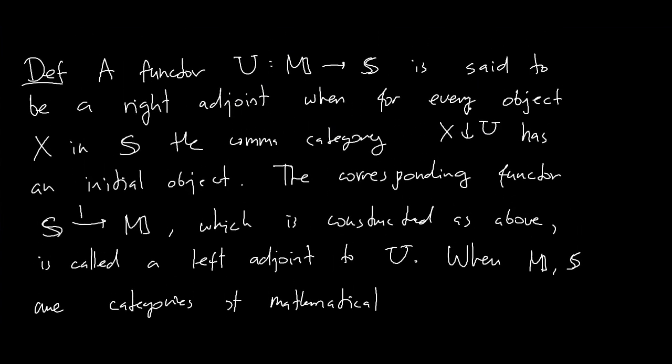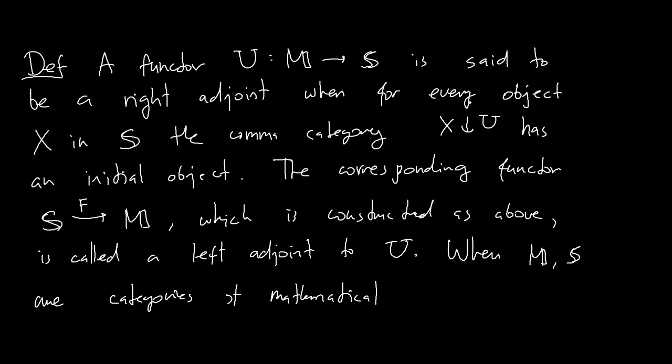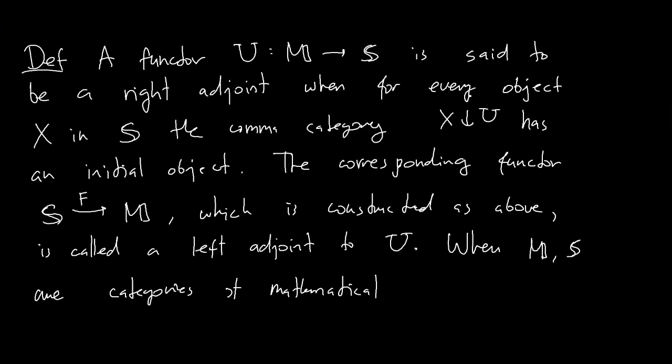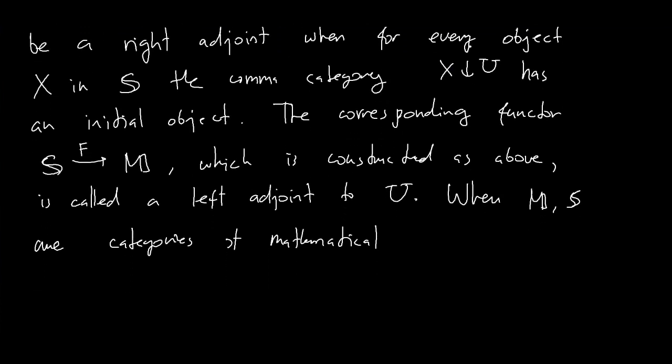Let me call this F. It's because of free, we'll call it F. We didn't call it F thus far. We should have. We were calling it M, but I want to now call it F.